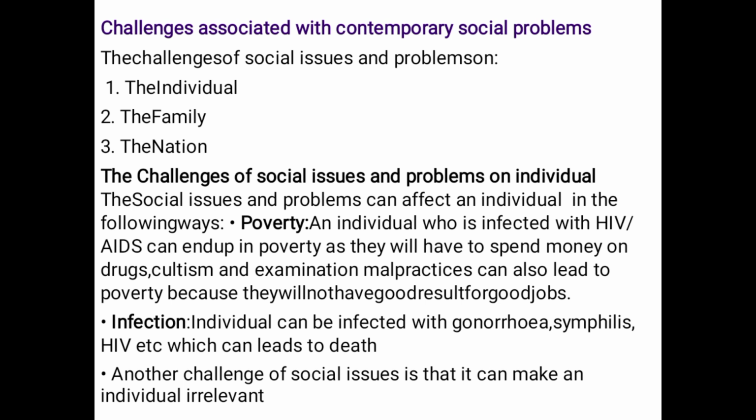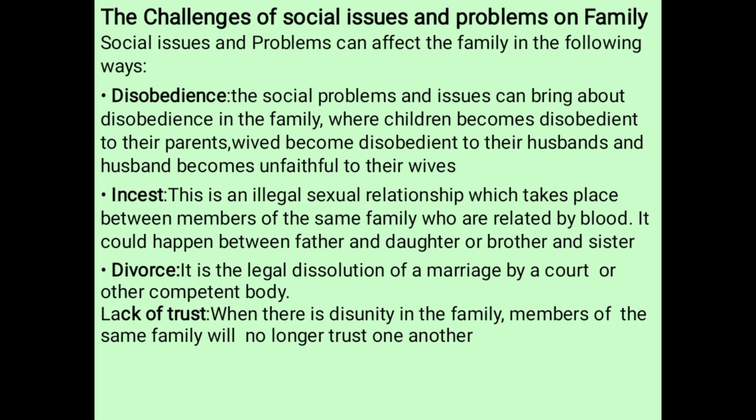Another challenge of this social issue is that it can make an individual irrelevant. To the family, it can cause what? Disobedience. The social problems can bring about disobedience in the family, where children can become disobedient to their parents, the wife becomes disobedient to the husband, the husband becomes unfaithful to the wife, and the rest of the world.